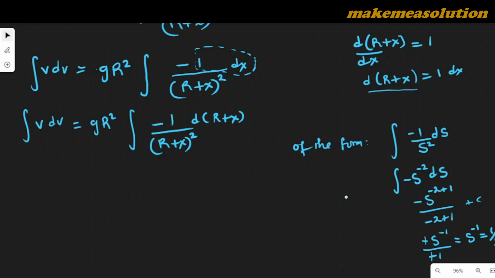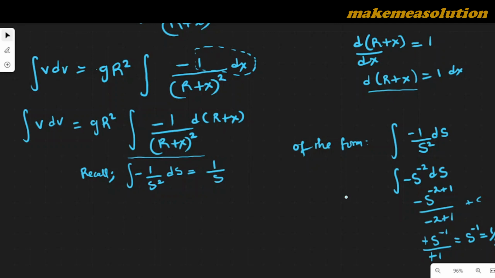So whenever we integrate this, we just want to recall, according to what we just proved, that the integral of minus 1 over something squared d something is actually equal to 1 over something. Simple. So in this whole integral, the something that we are talking about is R plus x.